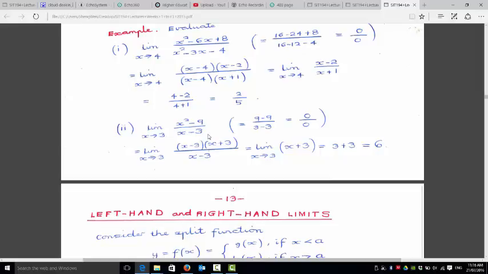We cancel x minus 3 from both the numerator and the denominator, and then finally we get the limit of x plus 3 where x approaches 3. Finally, we got the result 6.